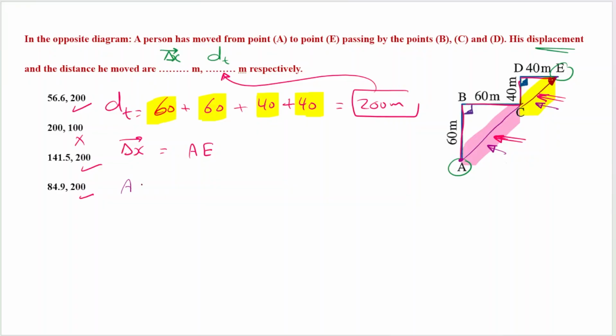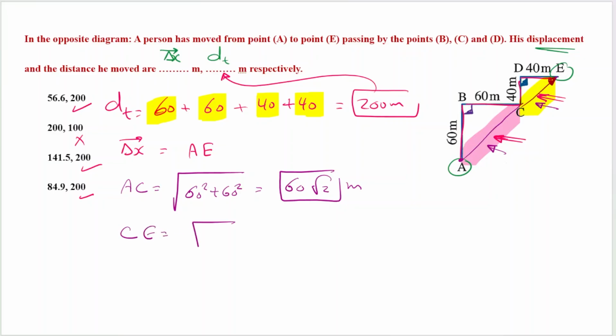So to find the length of AC, we need to find the square root of 60 squared plus 60 squared. So it will be 60 root 2 meter. To find the length of CE, we will do the same. We will square each side, 40 squared plus 40 squared, and we will add them under the square root. It will be 40 root 2.